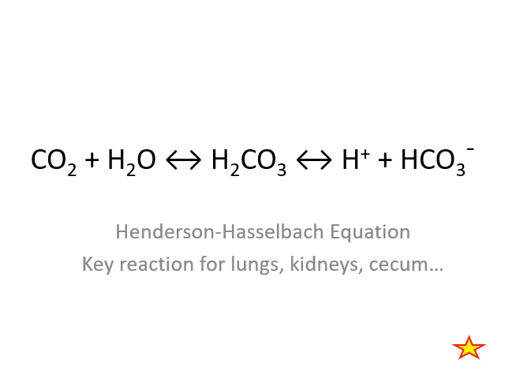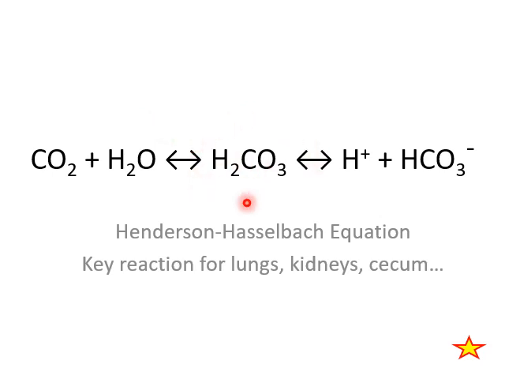So last time we mentioned the Henderson-Hasselbalch equation, where we take a gas, that is CO2 right here, and we have water, which is the solvent in the body. We always think of that as being an excess reactant in this equation.